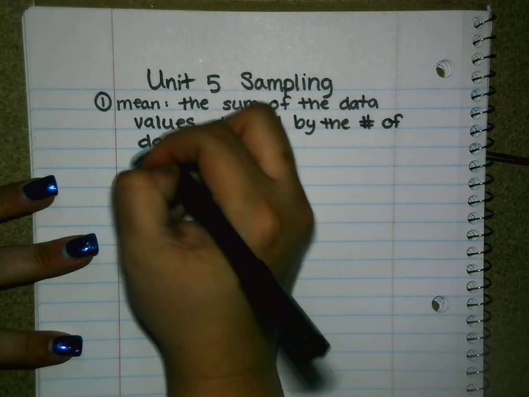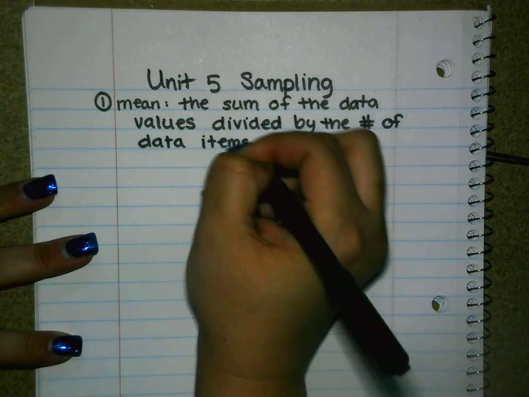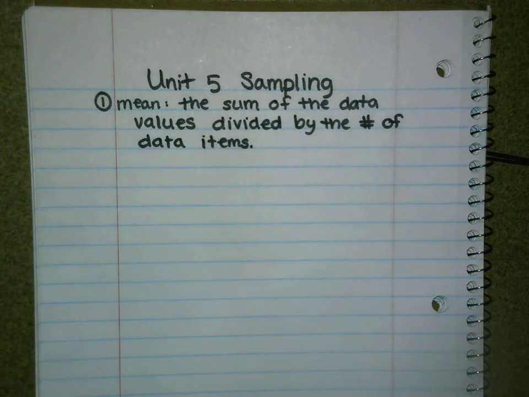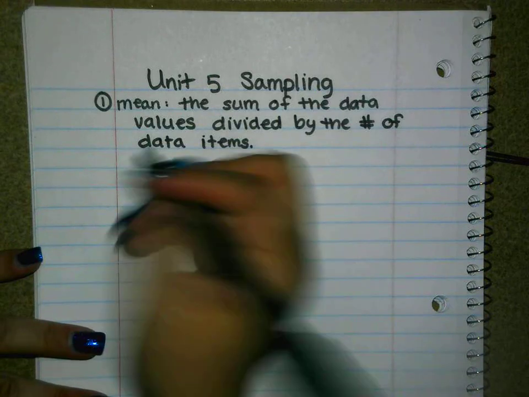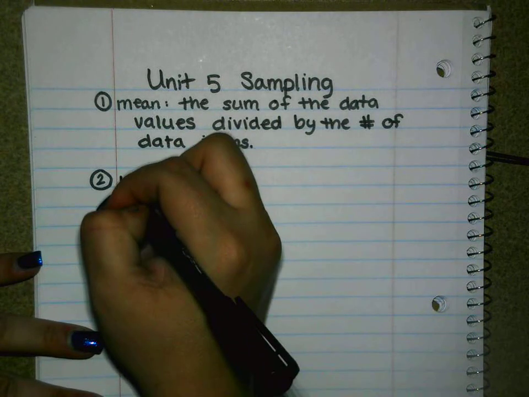This would be your normal average. When we take a regular average, or you say take the average of the test scores, usually we mean the mean average.